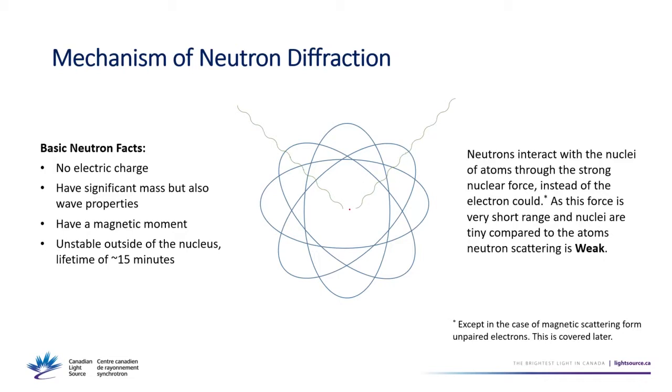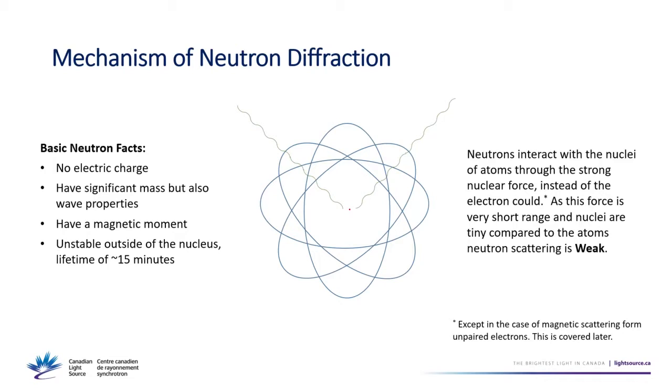Some other basic facts about neutrons: as you know, they're neutral. They have a significant mass, but they also have wave-like properties, which is why you can use them for diffraction. They have a magnetic moment, which is important because you can get information about the magnetic structure, and I'm going to go into more detail about that later. Another interesting side note is that they're actually unstable outside of the nucleus.